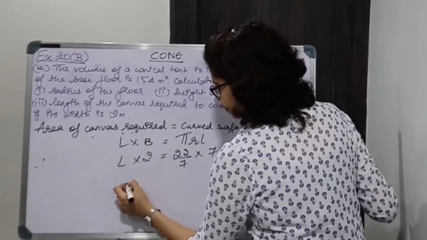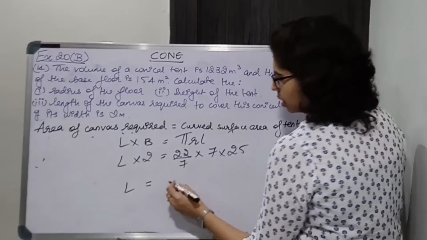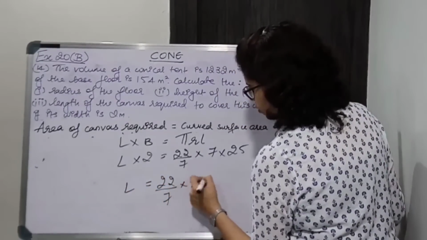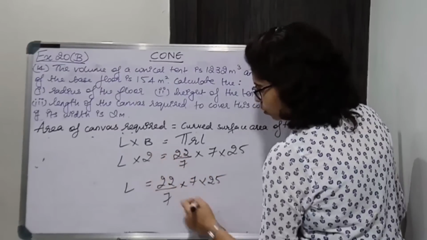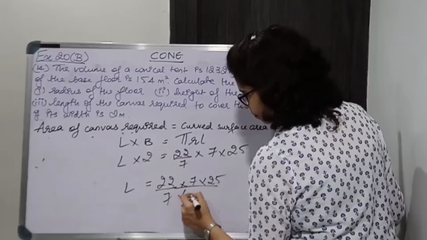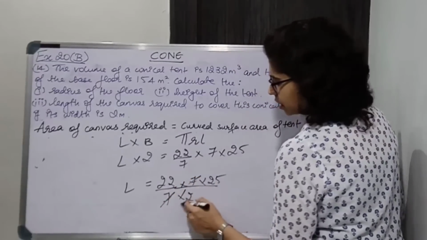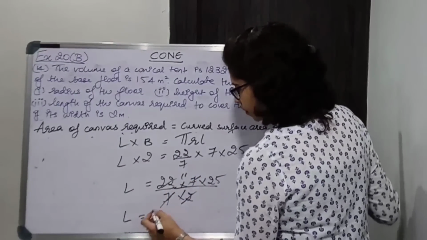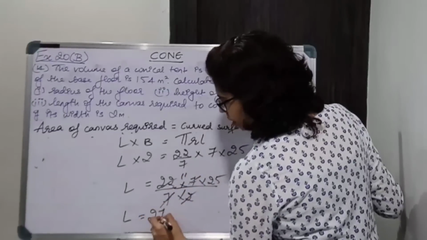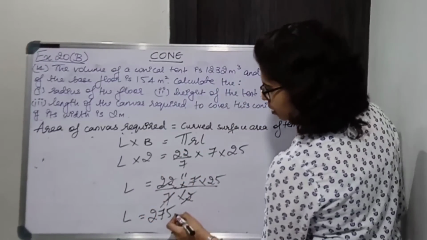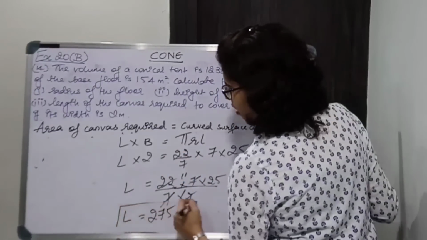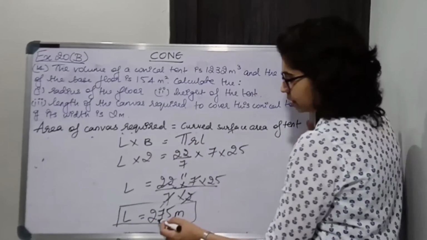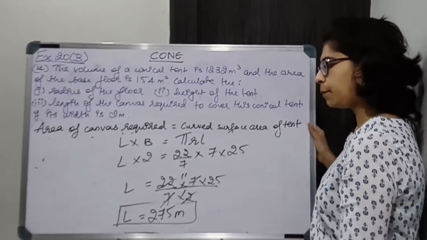So length of the canvas is 22 upon 7 into 7 into 25, with 2 in the denominator. 7 gets cancelled. 11 into 25 will give 275. So this is 275 meters. So the length of the canvas required to cover the conical tent is 275 meters.